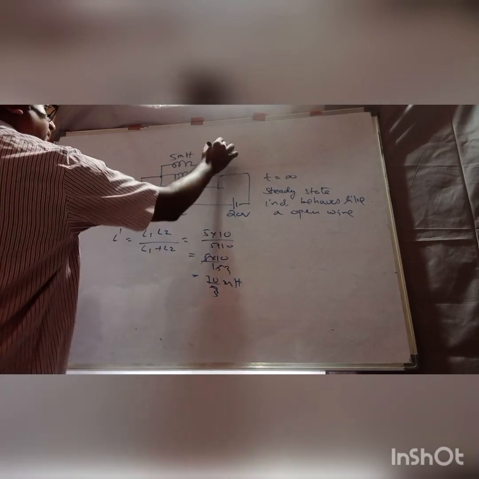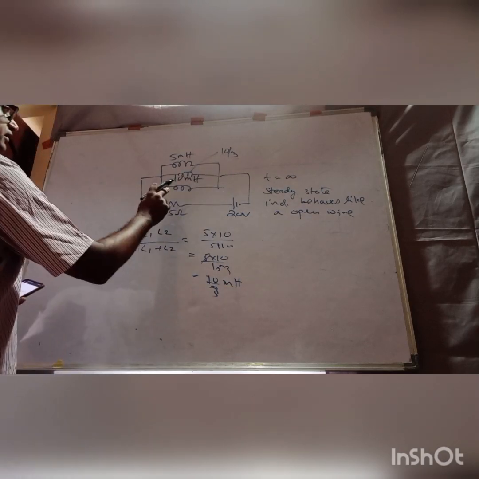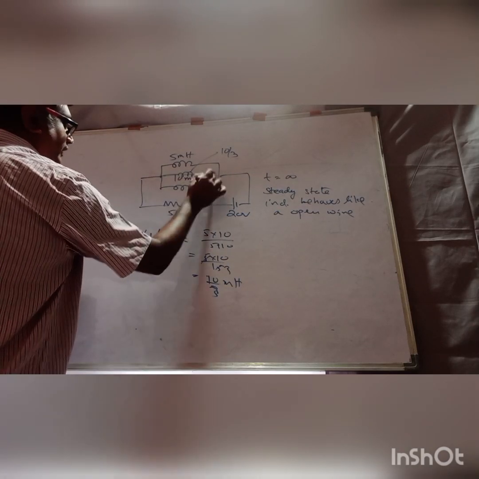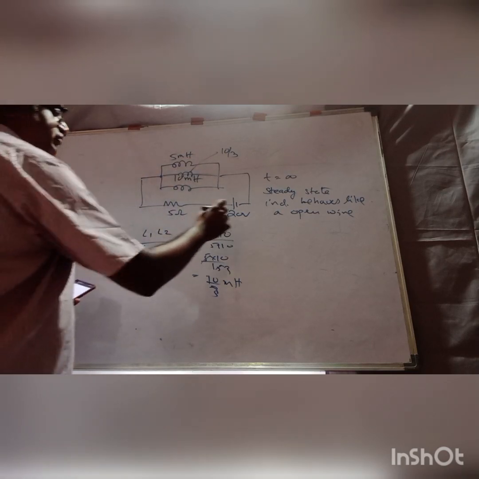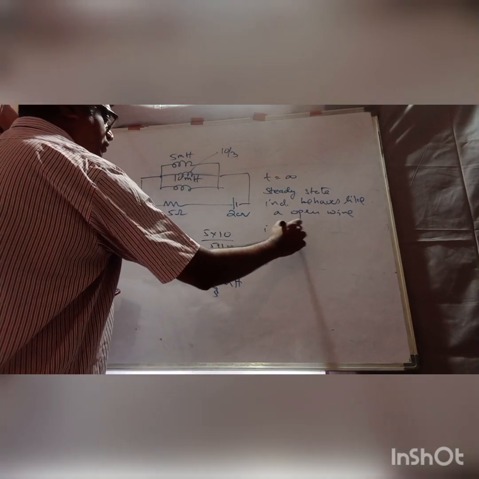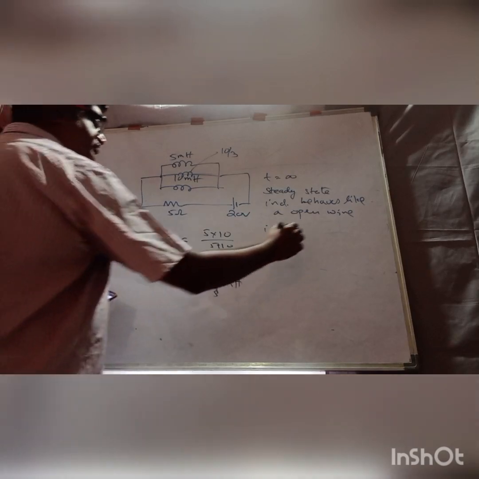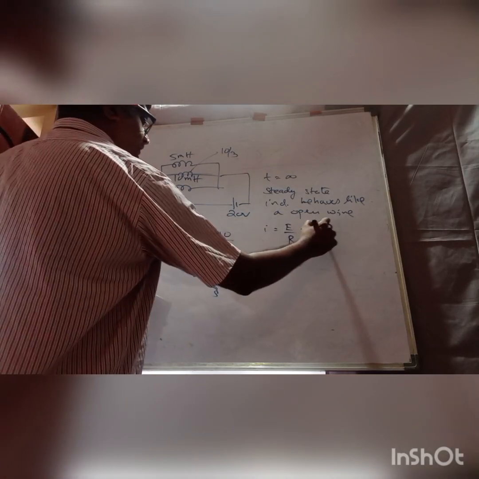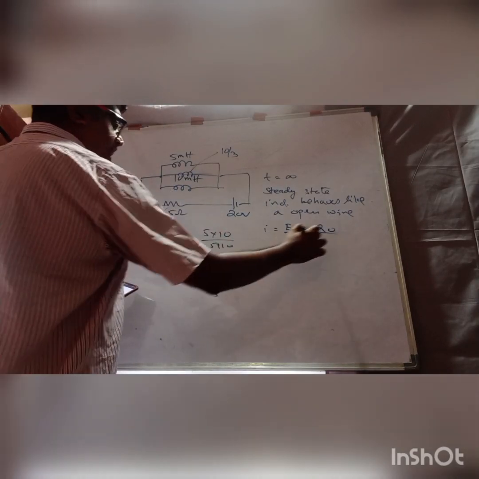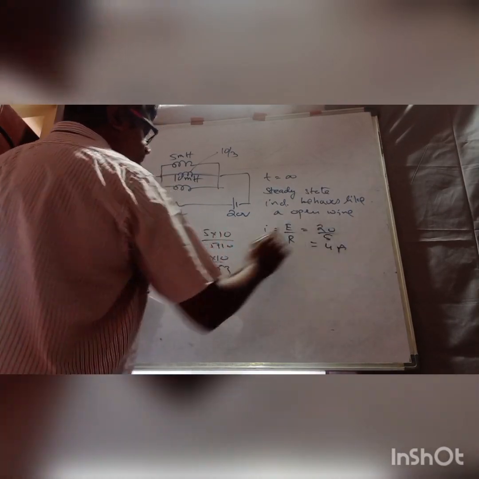This value is 10 by 3. And at steady state this will behave like a wire. So there will be no resistance in the wire here. So the current will be I equal to total voltage by resistance, which is 20 volts by resistance 5, so it is 4 amps.